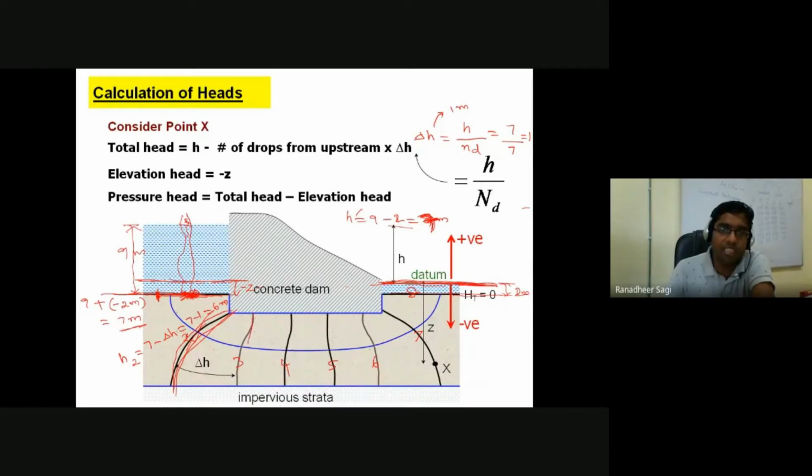Likewise, for the third equipotential line, if I am calculating what is my total head, it is equal to total head corresponding to the previous equipotential line minus delta H again, which is 6 minus 1, which is equal to 5 meters. Likewise, total head corresponding to the fourth equipotential line is 5 minus 1, which is 4 meters.